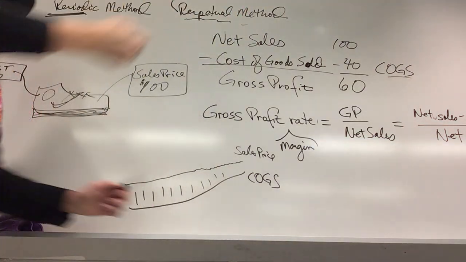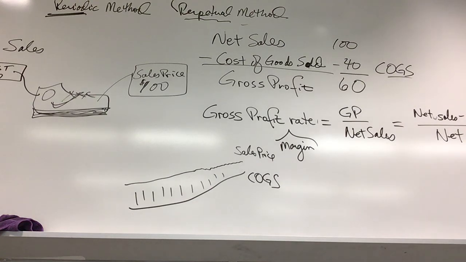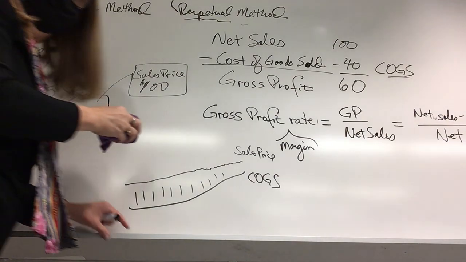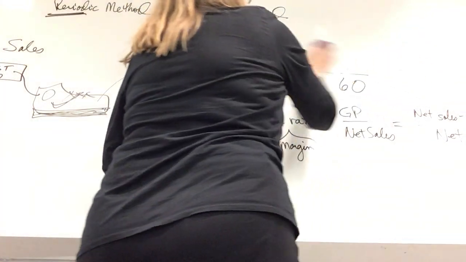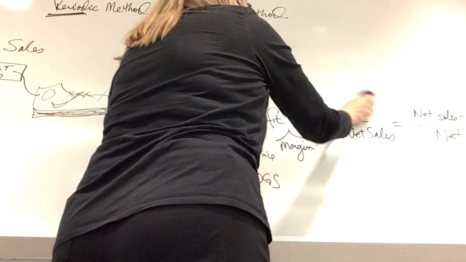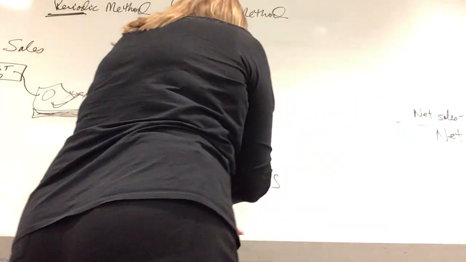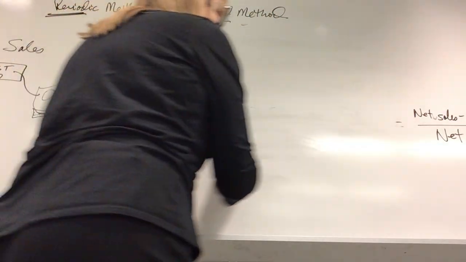Perpetually, always updating it, okay? And the entries we're going to do are going to be under the perpetual method. We'll see in a minute. All right? So, you already know how to do a periodic method. We've already done that. You just didn't know it because we weren't calling it that.